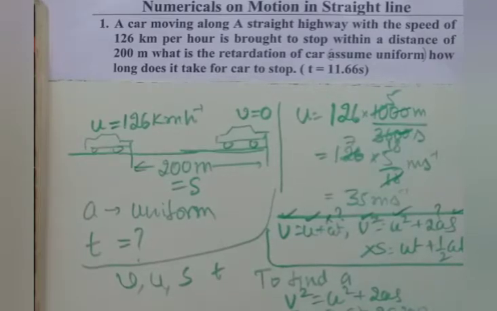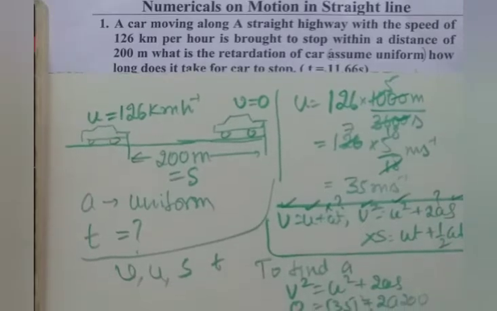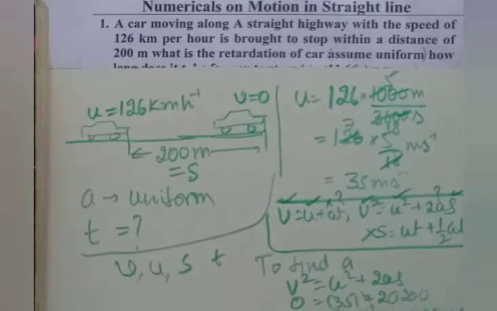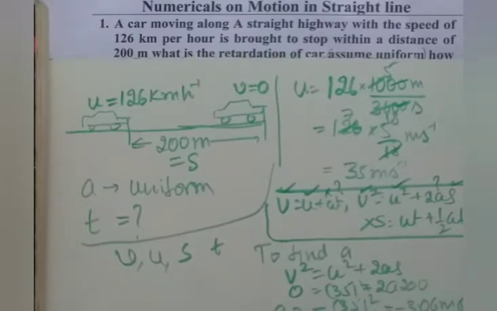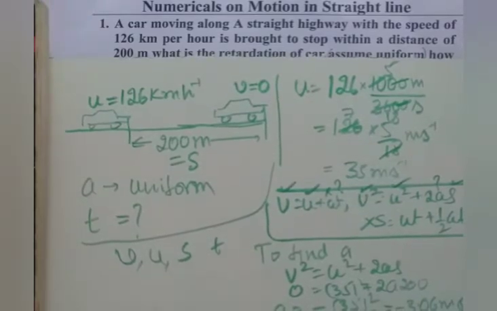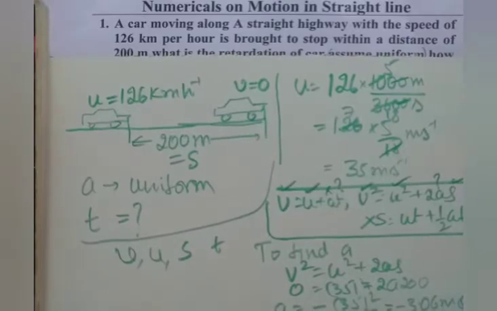Let me tell you, A is minus 35 square by 400, which is minus 3.06. Why minus? Minus sign indicates the retardation, that means decreasing velocity.